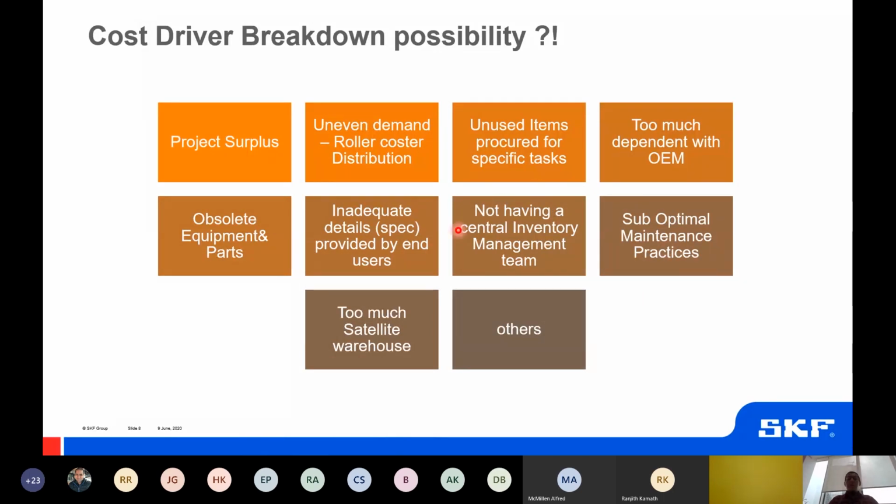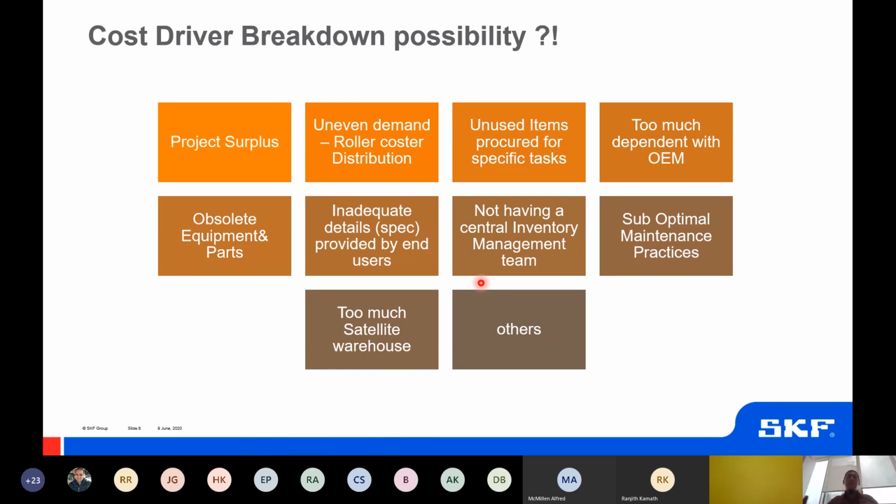This is also common: not having a central inventory management team. In Australia, you probably have a lot of mining organizations where the field can be far from the central warehouse to the field operation.